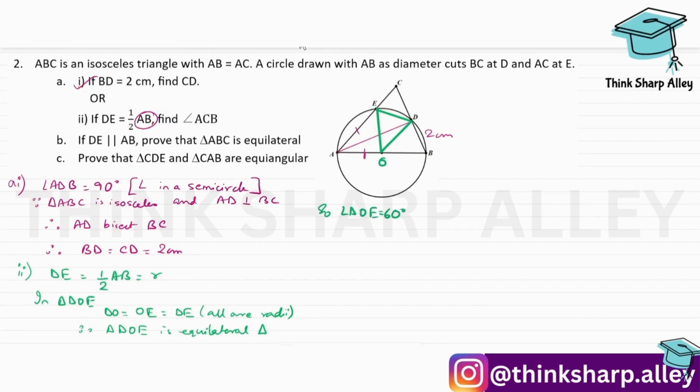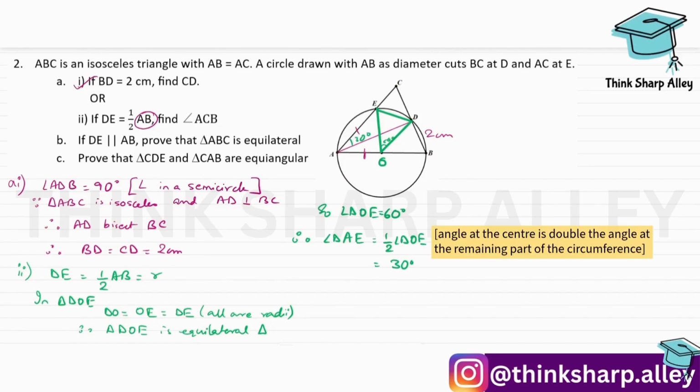Now remember a golden rule of circles? The angle at the center is double the angle at the circumference. So this angle, angle DAE, is subtended by the same arc DE, which is subtending angle DOE. So if this angle is 60 degrees, this angle becomes half of 60 degrees, which is 30 degrees. Now we'll look at the triangle DAC.